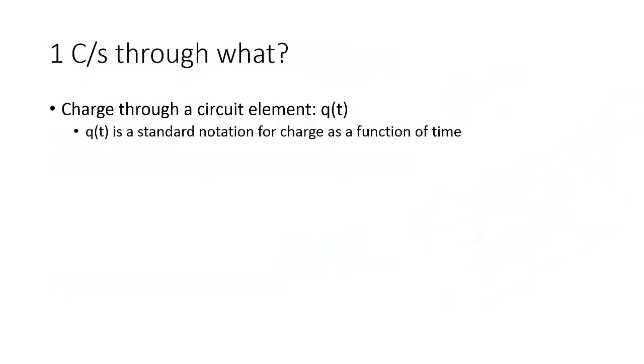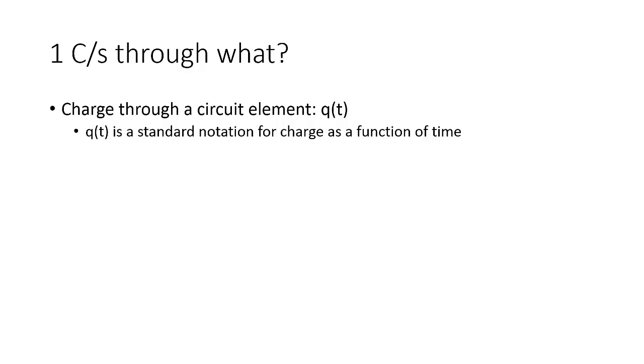Now, a reasonable question is, well, through what? What is it flowing through? And this answer is a little bit abstract, so we're going to talk about circuit elements, and we're going to start asking ourselves, well, what does that mean? So when electricity flows through a circuit, what's really going on there?